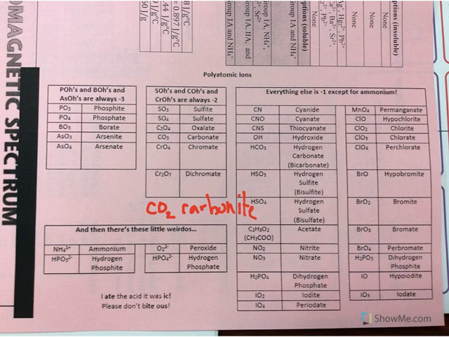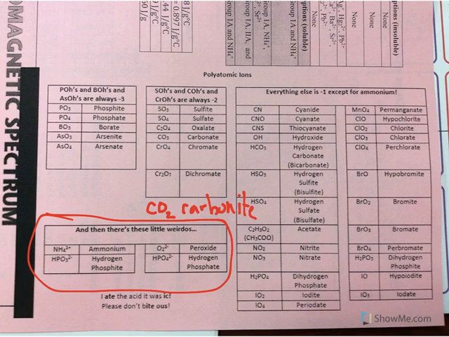So this big group over here, nitrates and nitrites, acetates, hydrogen sulfates, hydrogen sulfites, hydrogen carbonates, perchlorates, chlorates, chlorites, hypochlorites, permanganates, all -1. And then we have a little box over here of weirdos that don't fit into those categories. You have ammonium, NH4, that's 1+. You have hydrogen phosphite, which is HPO3 2-.